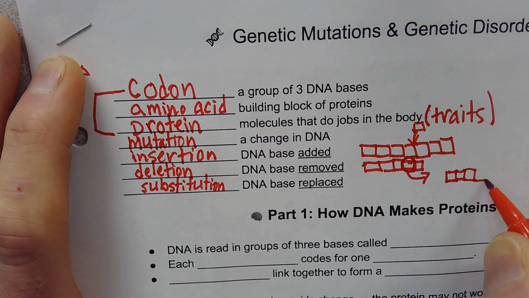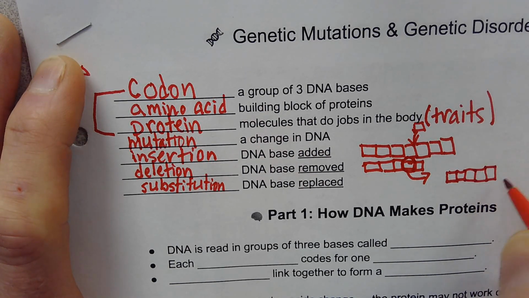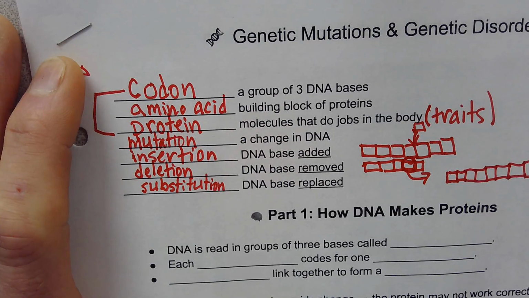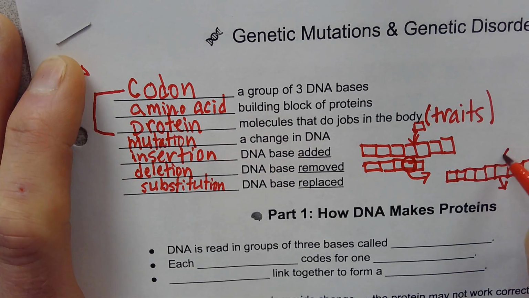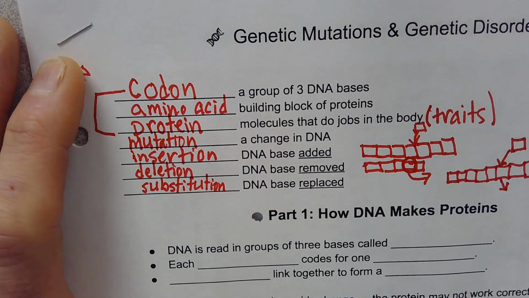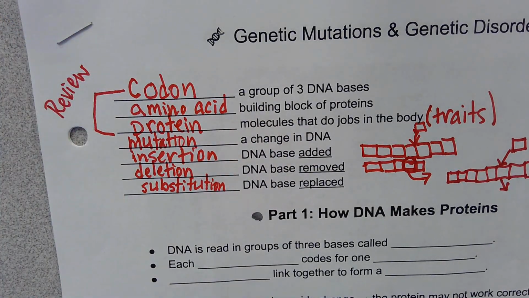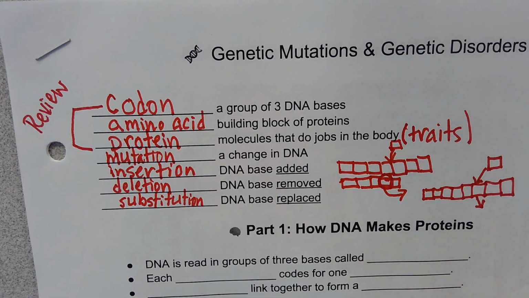All right, so a substitution is exactly what it sounds like. So let's say I've got one base pair. Let's say it's the letter T. And so that base comes out and another one goes in. Right, so it just takes the place of it.